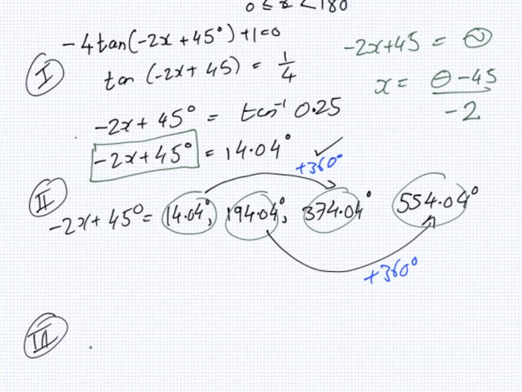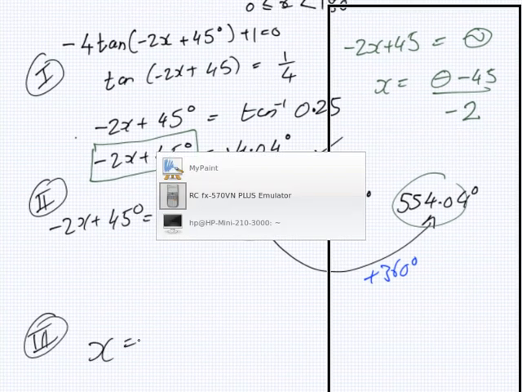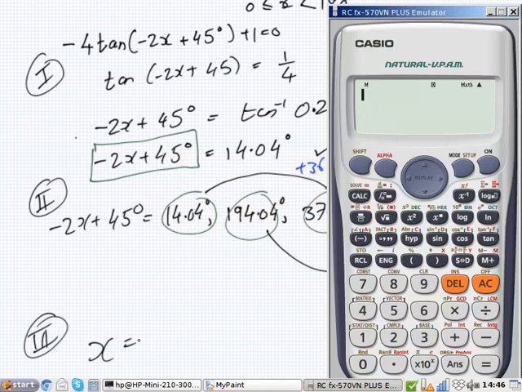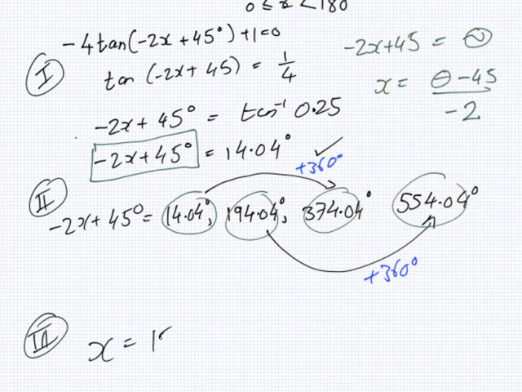So let's do that carefully. The first one, 14.04 minus 45 over minus 2. So that is 15.48. Okay, the next one, does anyone have it? 74.52.